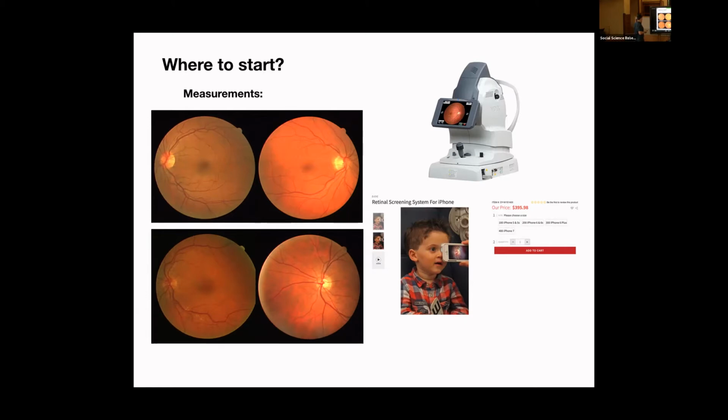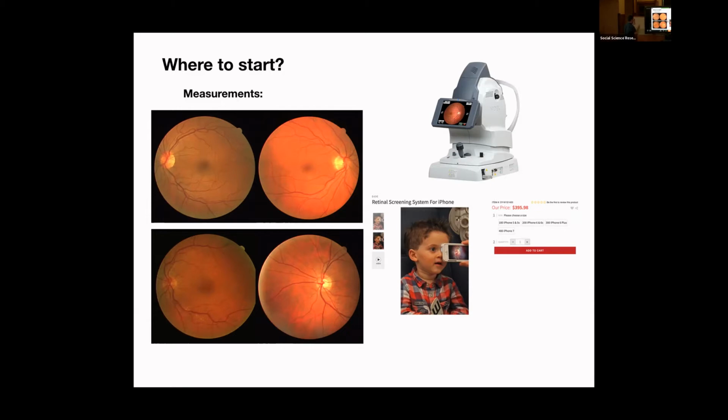The nice thing about working with the eye is that you can see the vessels in vivo. You can make this measurement with a fundus camera. I also found this on the internet, which is something you put on your iPhone, and you can take pictures of the blood vessels in the eye. So imagine you have that.